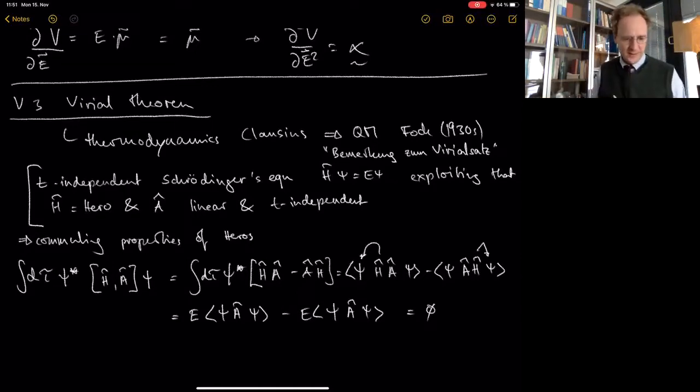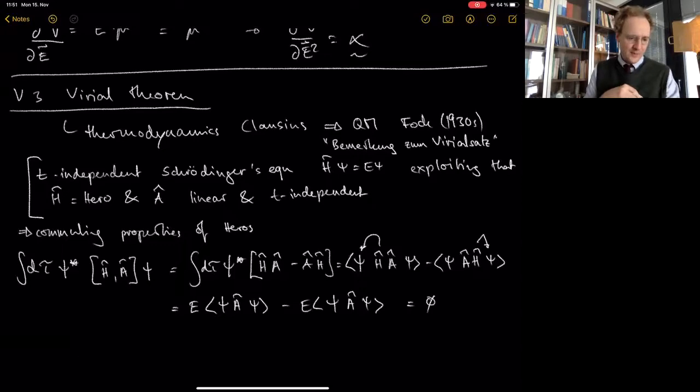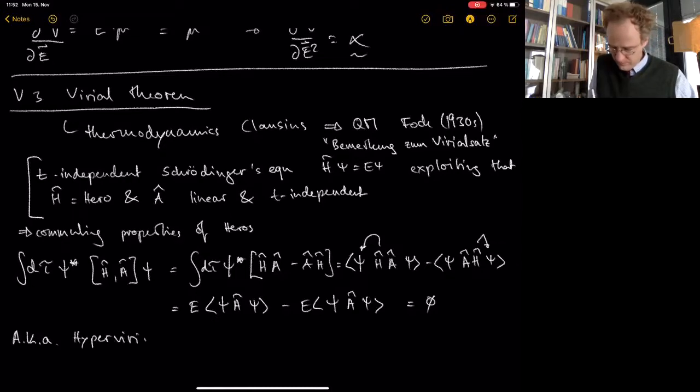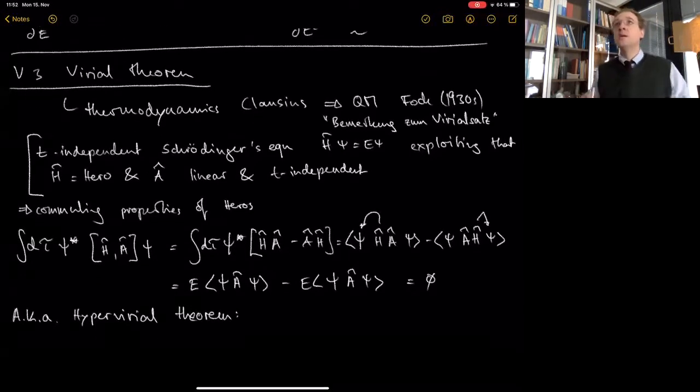Now, that is really interesting because we can use some of the operators which we are interested in, and thanks to the Hamiltonian being Hermitian, we can then obtain additional relationships. Right? So that is really very exciting. So this is known as the hypervirial theorem.